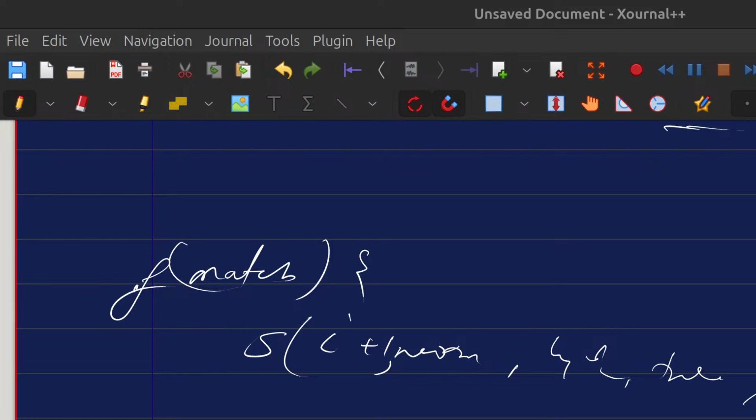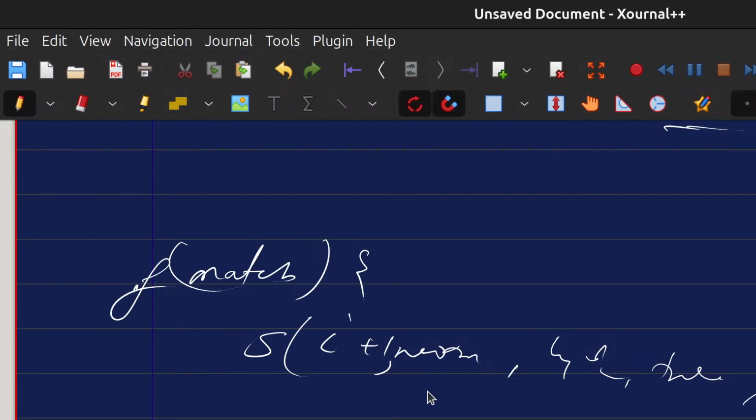Okay, then this is for mask. Mask is what? Whether we used both or not: if we used 1, if we used 2, if we used both. This is for mask. It's like 4 states.